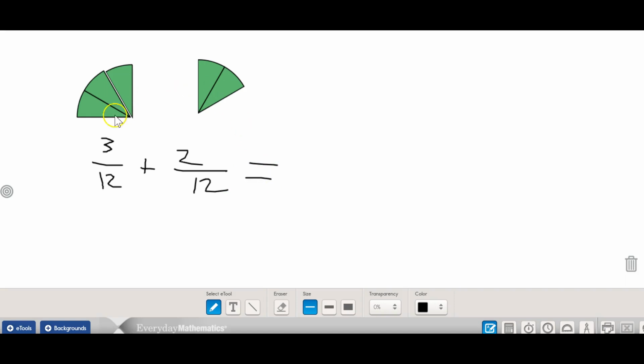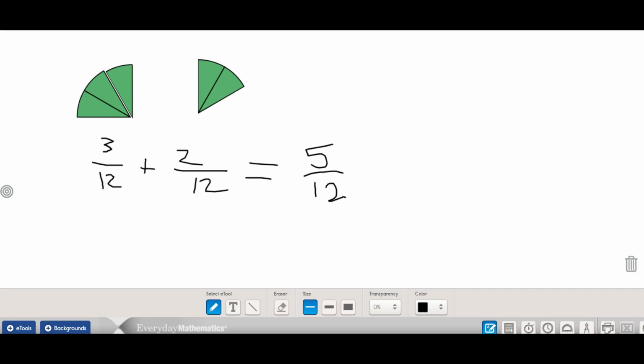All together, that gives me 5/12. Did Jenny finish less than half the problems, more than half the problems, or exactly half the problems? 5/12 is less than half.